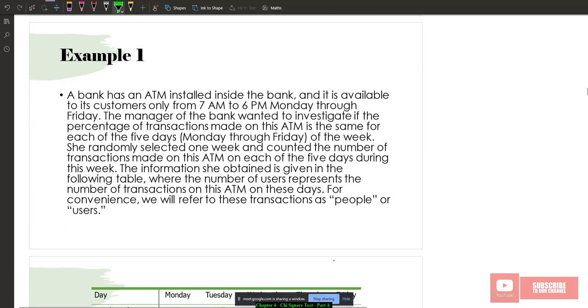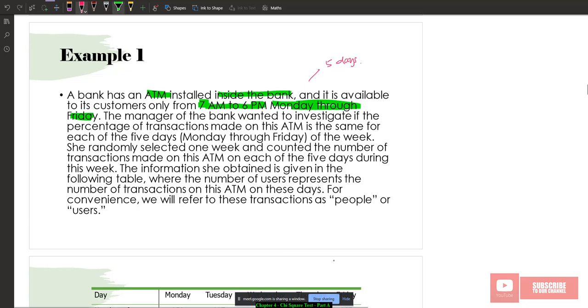Now look at example number 1. In this example, a bank has an ATM installed inside the bank, and it is available to its customers only from 7 a.m. to 6 p.m., Monday to Friday. So we have 5 days of operation of the ATM, 5 days, right?